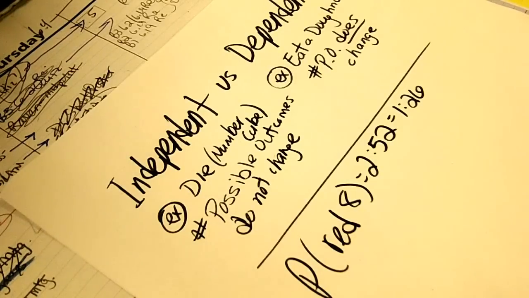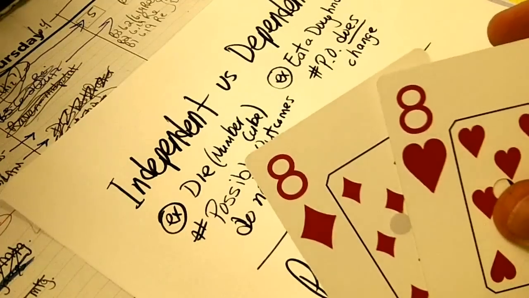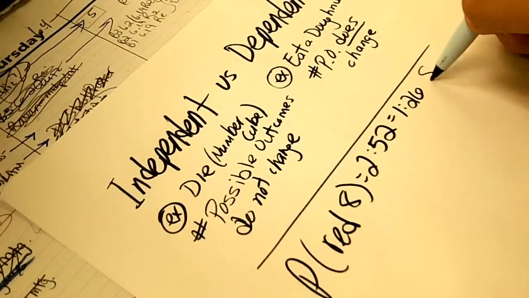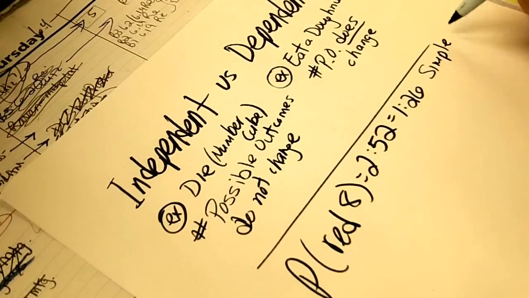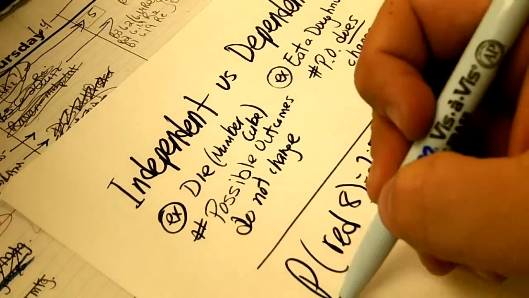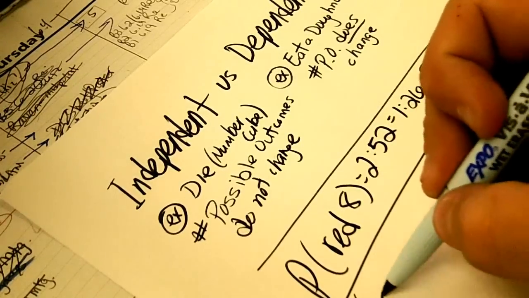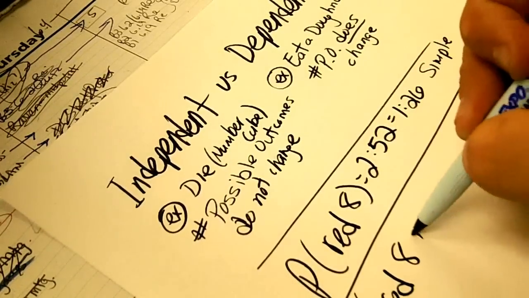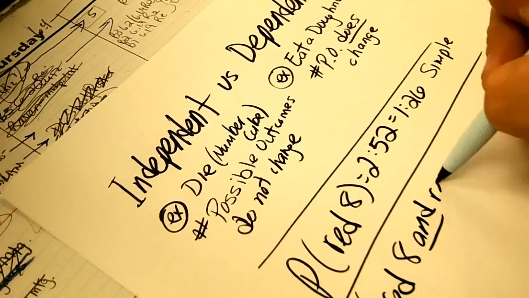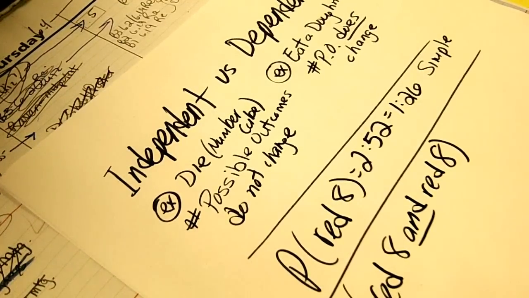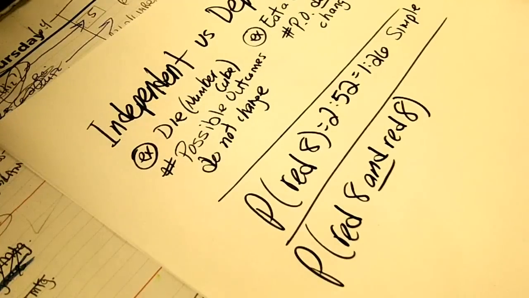So if I asked you to find a red 8 and another red 8, what would the probabilities be of that? So if this is simple, if I said the probability of choosing a red 8 and another red 8, the chance of picking it depends on whether or not I put the card back in the deck.